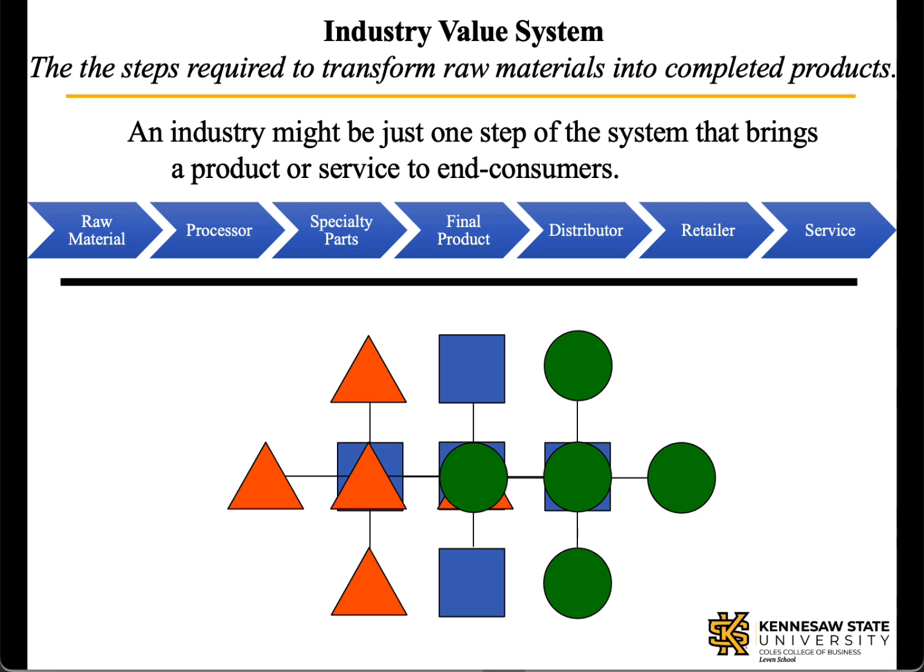In this perspective, the suppliers and buyers of an industry in the center really represent industries of their own. The suppliers of the original industry simply view that industry as their buyers, and the industry's buyers consider it as part of their supply chain. In other words, the industries are part of an overall value system.